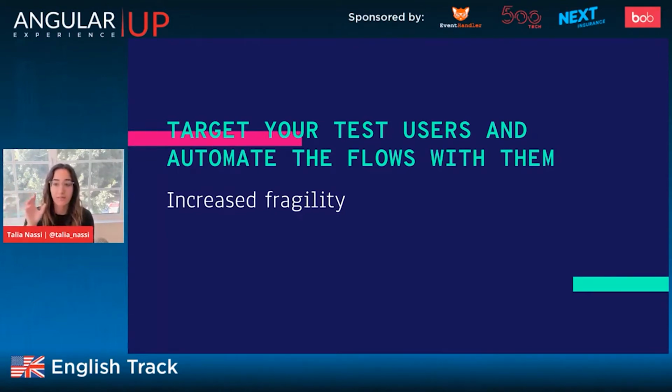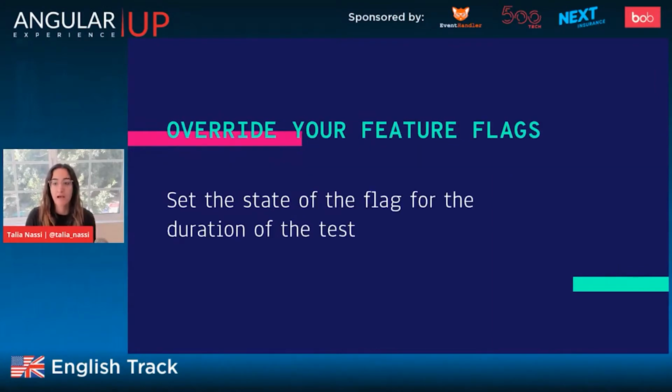So you would take automation bot A, target that inside of the feature flag, and run your automation scripts with automation bot A. The only problem with this is that there's increased fragility, because think about if someone removes automation bot A from that list, then all of your tests are going to fail. So you just have to watch out for your management of your feature flags and your management of your automation bots.